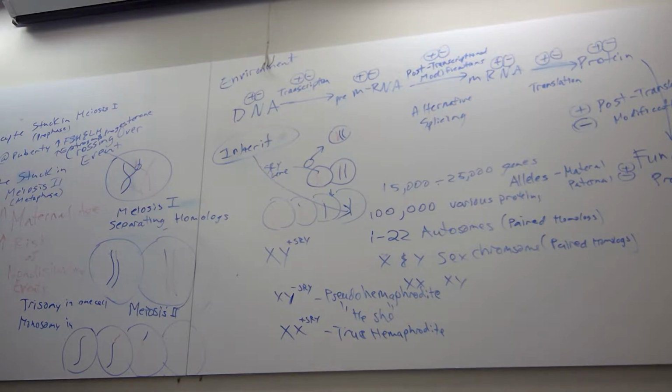Was it a mother's egg who didn't separate the two X's that it needed to when it needed to? Or was it the dad's sperm who didn't separate the X and the Y when it needed to? Oh, could be either one. You get me? Do you see? So is it, you start pointing the blame at each other. Not much you can do.